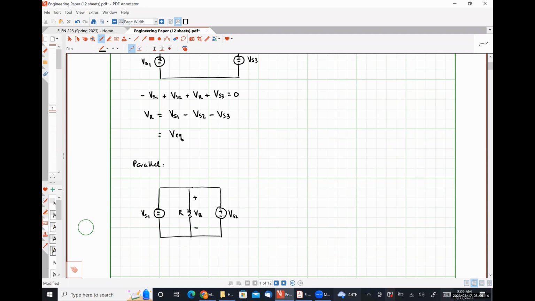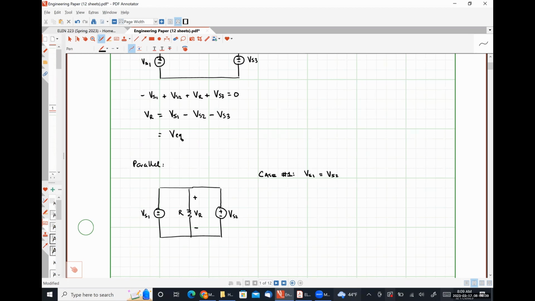And then we're going to have two possible cases here. Case number one, VS1 is equal to VS2. So if VS1 and VS2 are the same thing, what is VR?